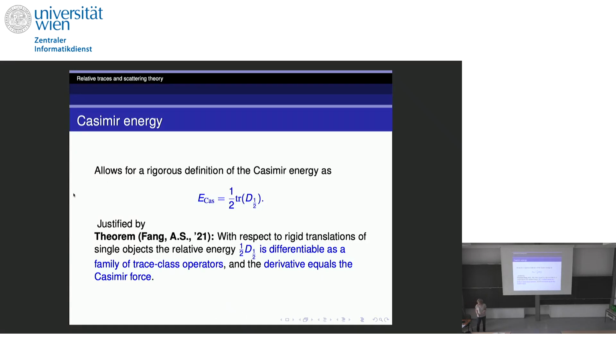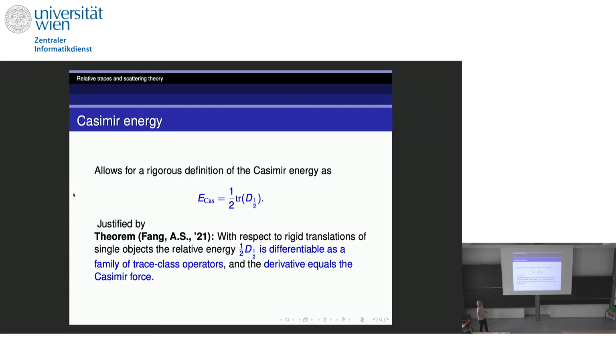And so it's actually easier if you see what the Casimir energy is in terms of these previous quantities. So this is the Casimir energy to first order approximation. And this is given to us in a paper by Yanlong Fang and Alexander Strohmeyer. I'm not on this paper.